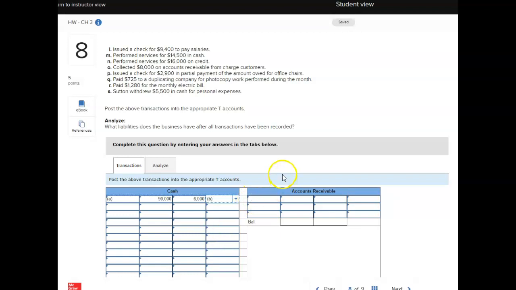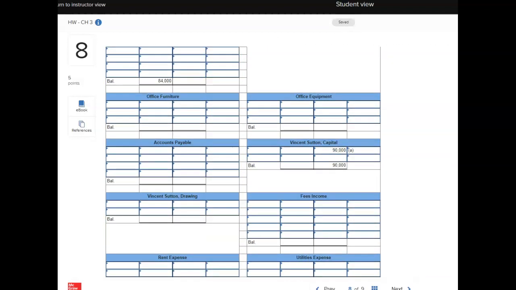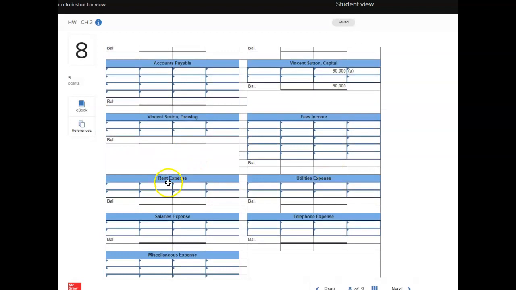Now let's complete the analysis of the rent expense account. Rent expense is an expense account with a normal debit balance. Before this business transaction, there was no rent expense recorded on the books.